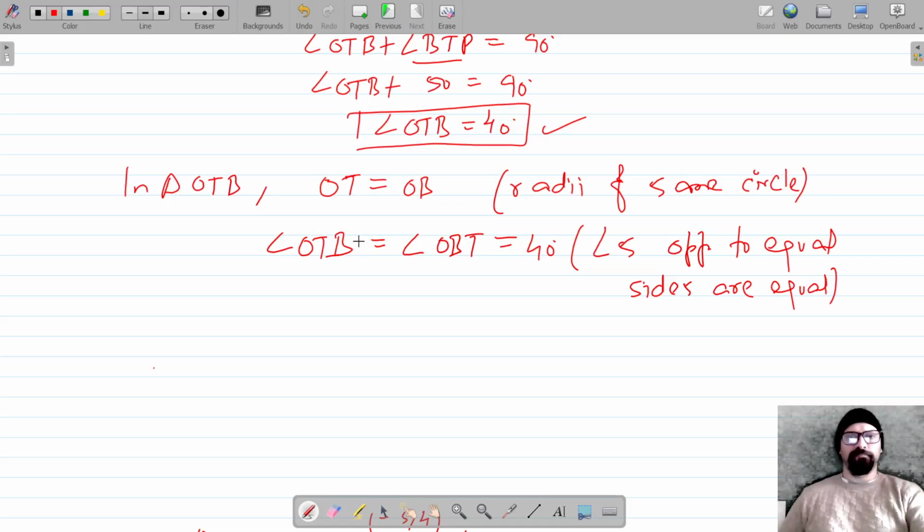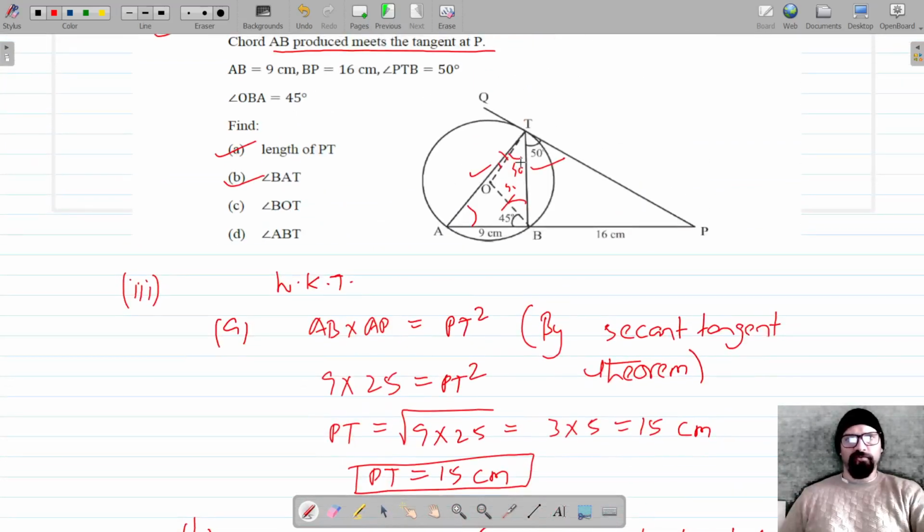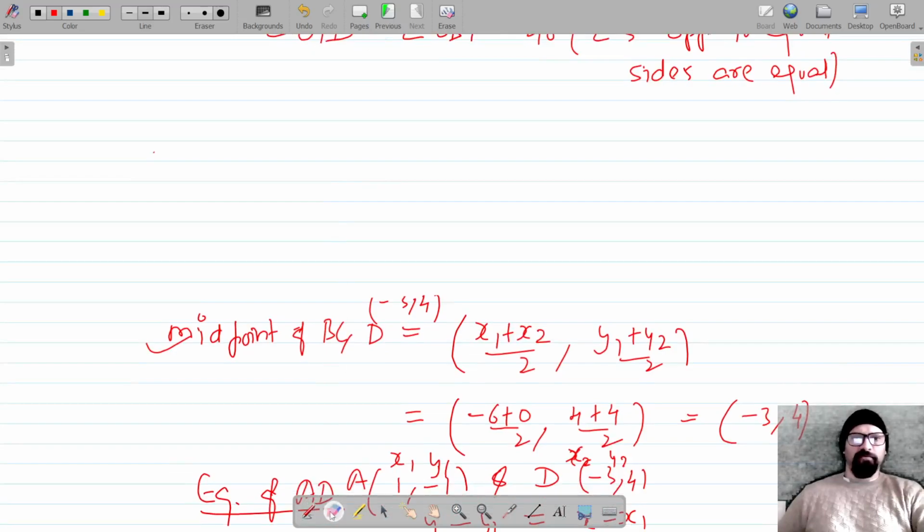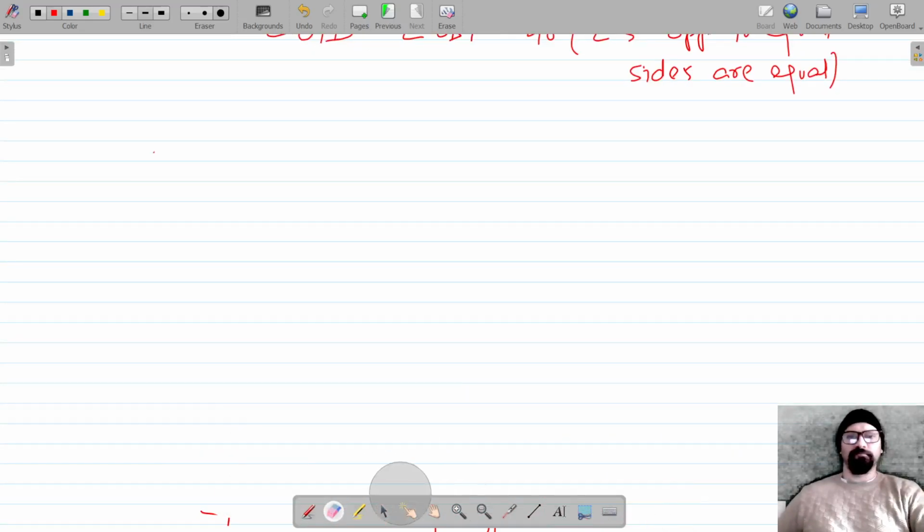Okay, now we have got both these angles to be 40 degrees each. Now let's use the angle sum property and get angle TOB.